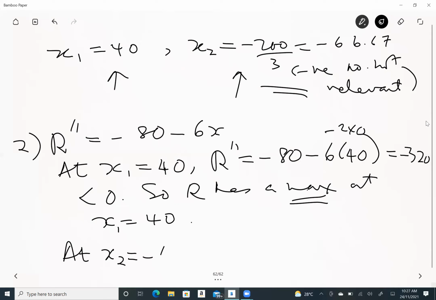So we do it for the second, at x equal to negative 66.67. What about R double prime? R double prime is equal to negative 80 minus 6 times negative 66.67. 66.67 multiplied by 6, how much? You got 400.